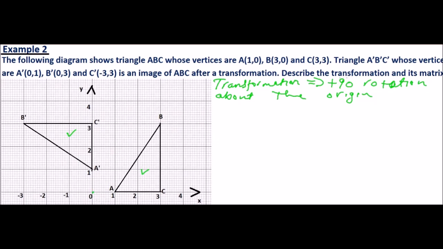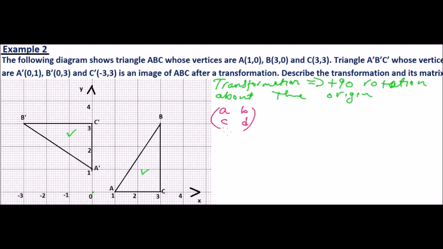Now from there we are required to find the matrix of transformation. That is a matrix that you can use to transform this figure onto our image. Now for us to do that, I said in the beginning, let our transformation matrix be a, b, c, and d.